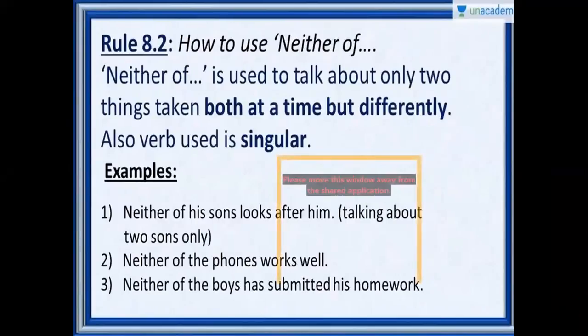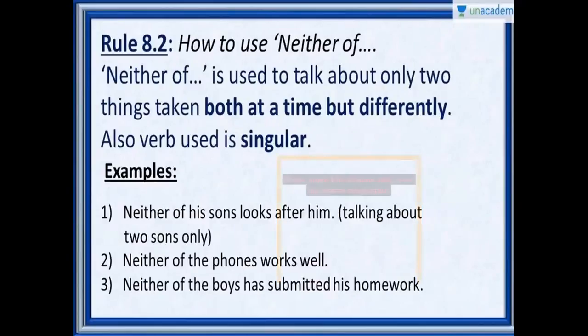Now, here, actually, we use 'either of', 'neither of', 'either or', 'neither nor'. Now, if you have 'either of', 'neither of' like that, you have to consider the verb should be singular only. See here how to use 'neither of'. 'Neither of' is used to talk about only two things taken both at the same time but differently.